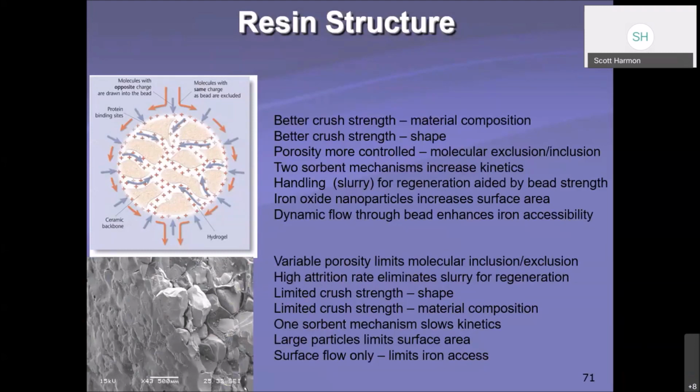You can just read down the list of the handling and the regenerations and things like that. In this particular case, it would be the iron oxide type coating. Dynamic flow through the bed enhances iron accessibility, which is true because of the inherent shape of these items. There are a lot of adhesive surfaces over the entire piece of media, and the flow goes through there. There's more of a chance for a particle to adhere to it.